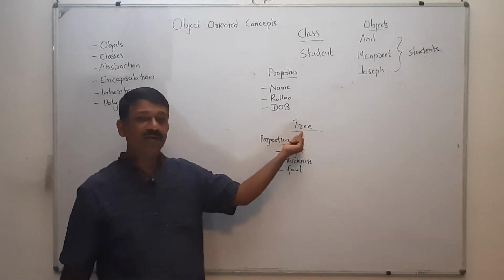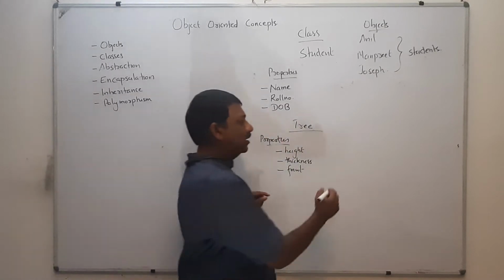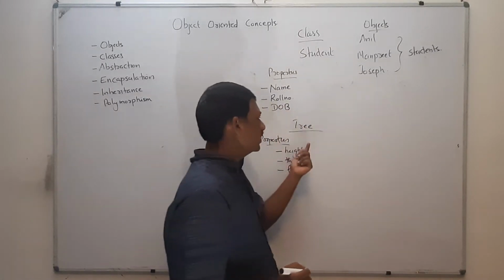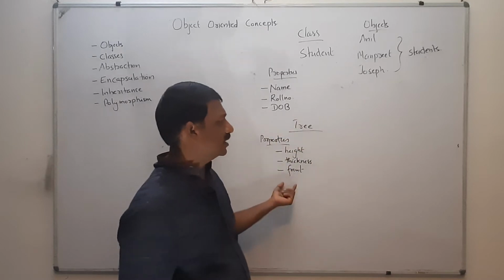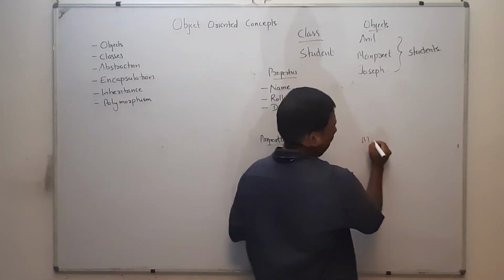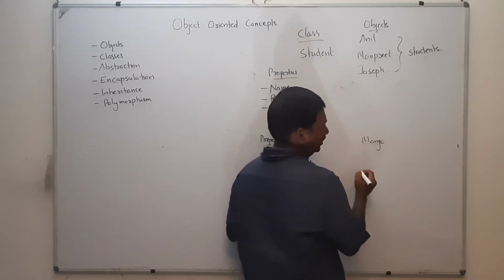And suppose that you have a tree, say different objects that can be created from this class tree is mango tree.